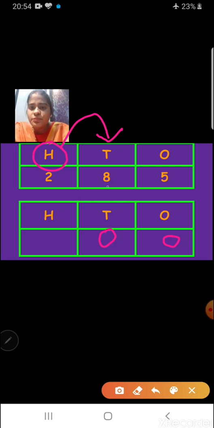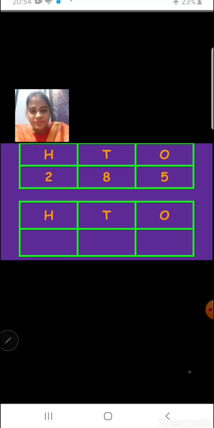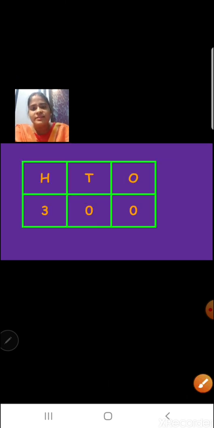If it is 5 or more than 5. Here it is more than 5. It is 8. So in the hundreds place we have to add 1. What is 2 plus 1, children? Yes, it is 3. So my answer will be 300. 285 rounded off to the nearest 100 will be 300. Got it, children? Yes, the answer is 300.